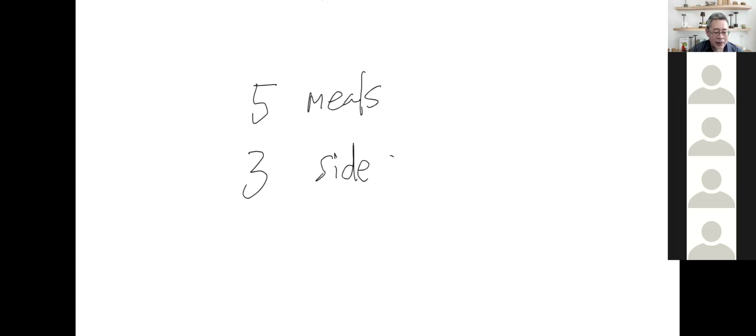Let's see. Again, if you go to a restaurant and you have a choice of, say, 5 different meals, 3 choices on the sides, and 4 choices on the drinks, how many different choices do you have?